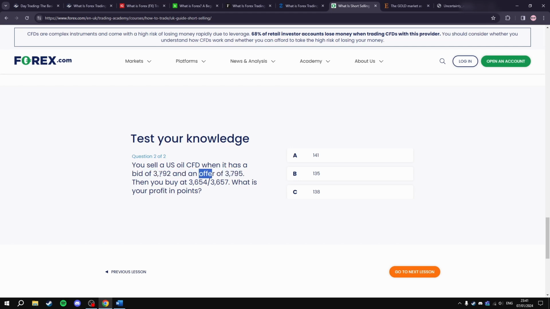Offer is the ask price, bid is the sell price. Then you buy at the buy price.